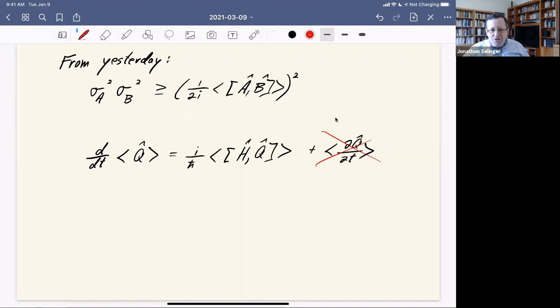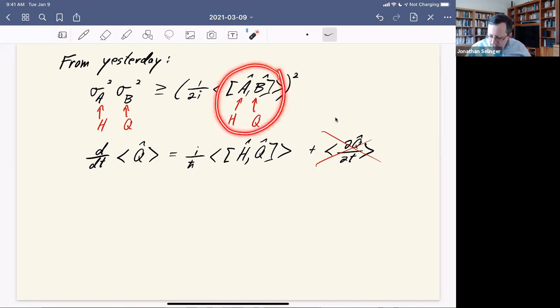Suppose you took the first relation, the generalized uncertainty principle, and you want to express that with A as the Hamiltonian and B as any old operator Q. So then this will be the Hamiltonian and this is Q. Now we have the commutator between H and any Q on the right side, and over here it also looks like we have the commutator between H and Q. So what if we put those two things together?